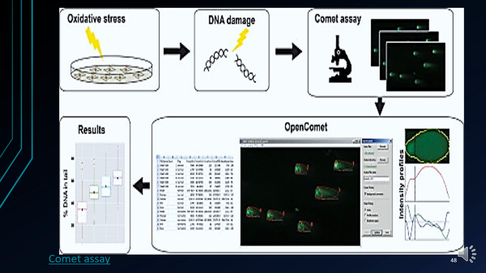If the tail portion is showing a high length, meaning percent tail length is more as compared to the head part, it indicates that the tail portion has more broken pieces of DNA, which at the end indicates that the chemical is showing genotoxic property or it is causing genetic mutation.